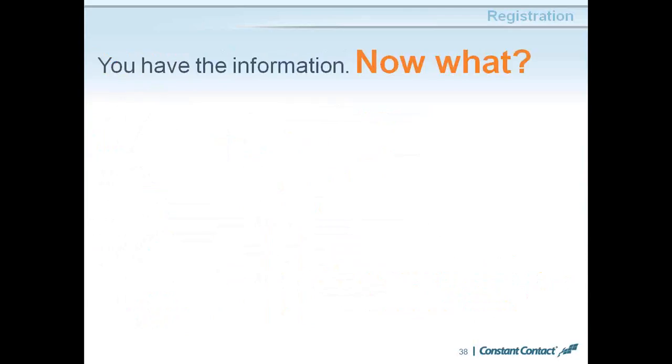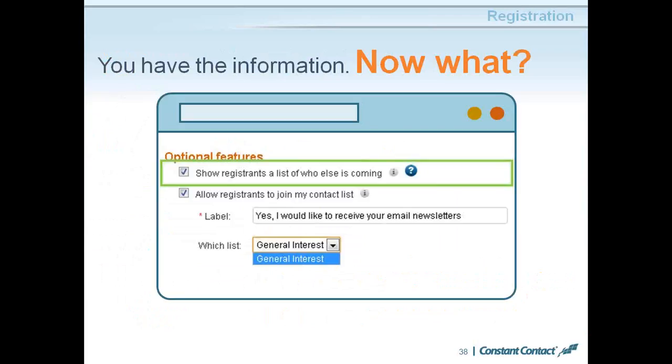So you came up with the questions, you built a good form to collect the information, you tested it, it's live, now what? One thing you can do is ask your registrants if they'd like others to see that they're attending. With most online registration tools, you would set this up as you set up everything else for your event and your registration form.